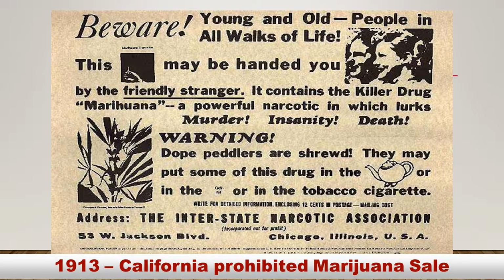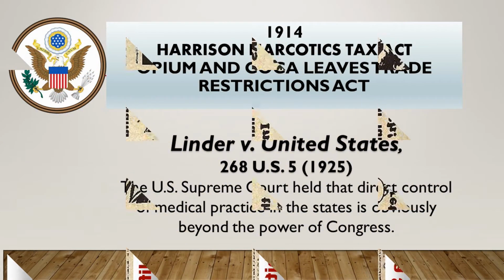In 1913, California was the first state to prohibit the sale and possession of marijuana because it was perceived as a killer drug, a powerful narcotic in which lurked murder, insanity, and death.